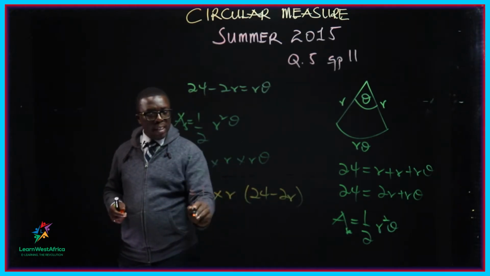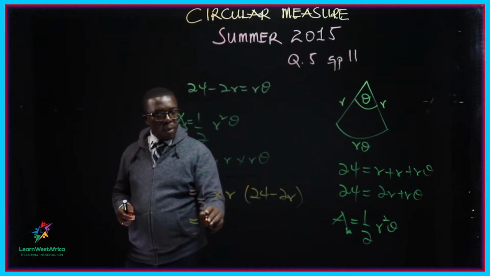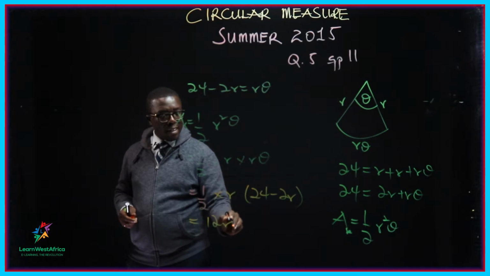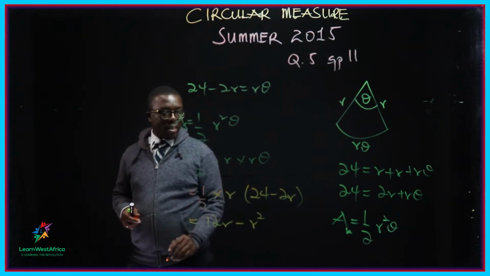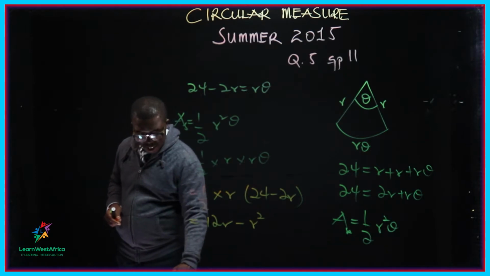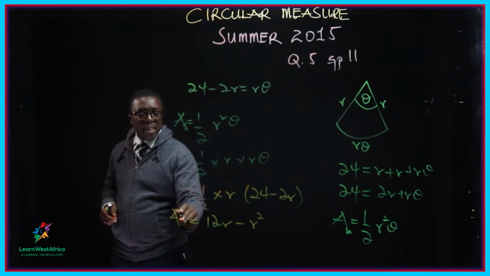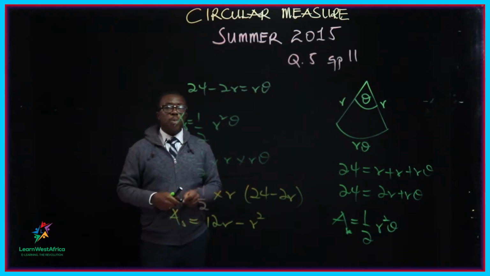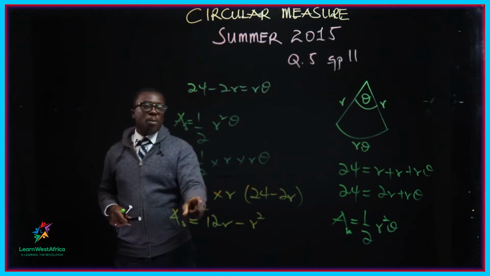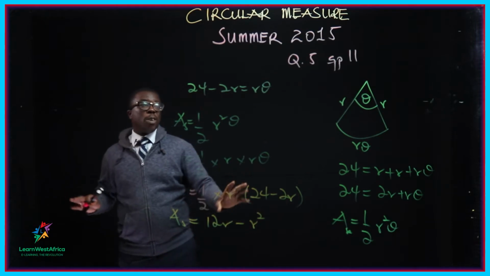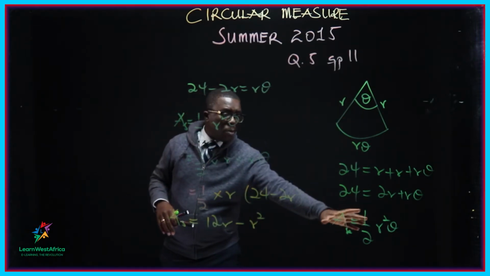Let's push that in there. What do we have? We are going to have 12r minus r squared, being the area of a sector. So we've been able to show that the area of the sector will be 12r minus r squared. That is what the question wanted of us, and we've shown that.